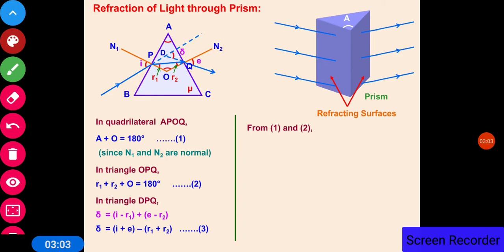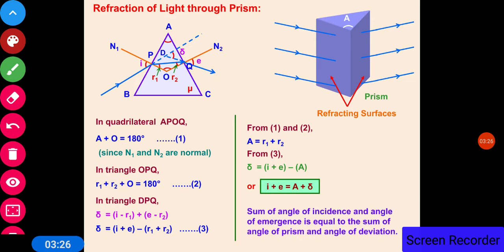Now from equation 1 and 2, if you compare these two equations, you will get R1 plus R2 is equal to A. Now putting R1 plus R2 is equal to A in equation 3, this reduces to del is equal to I plus E minus A, or I plus E is equal to A plus del.